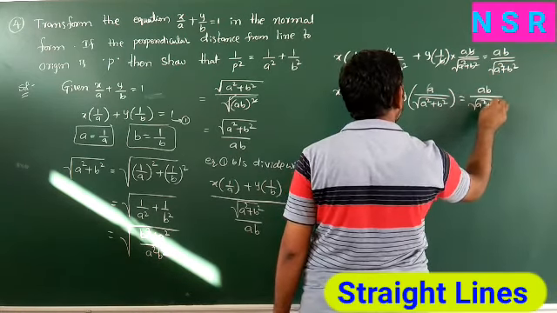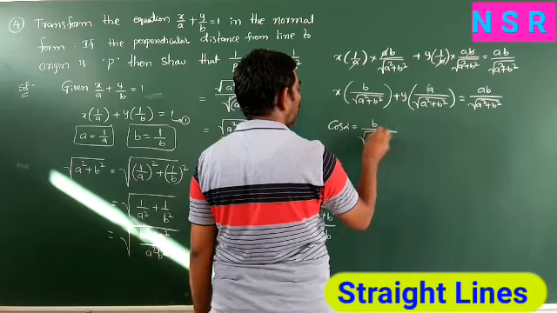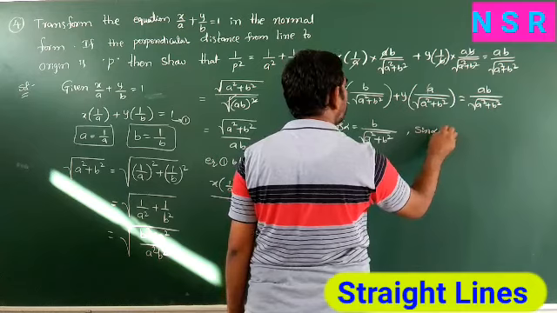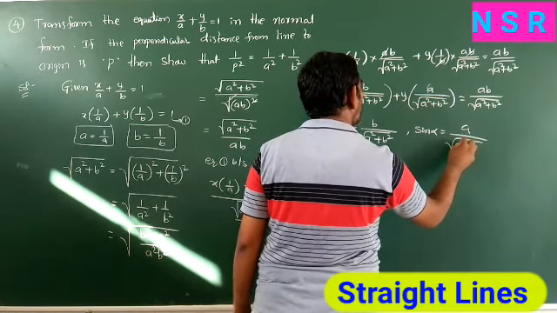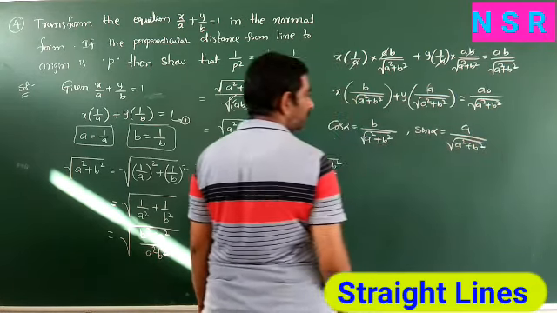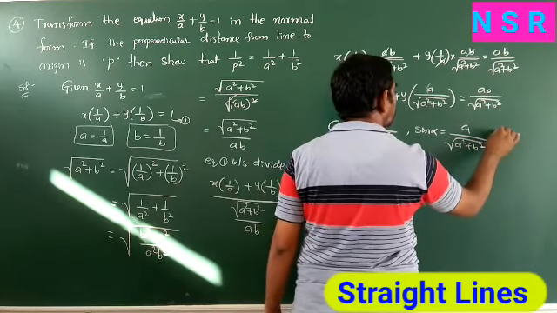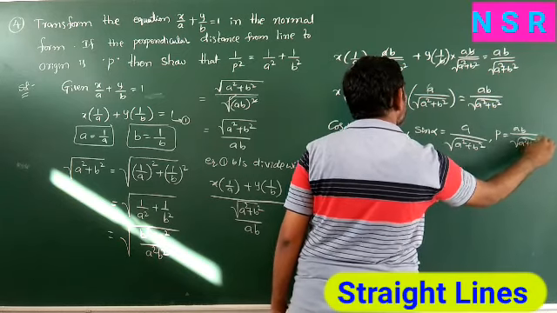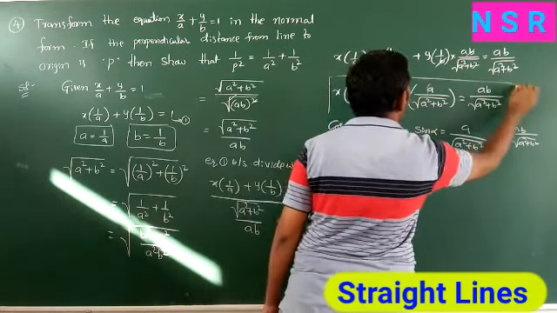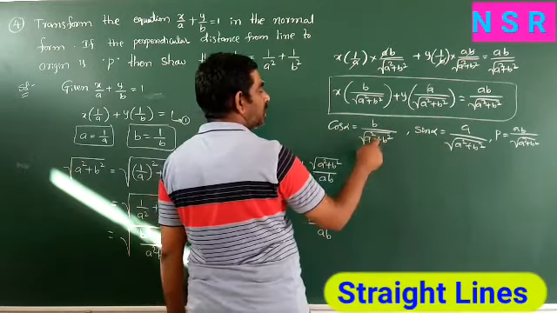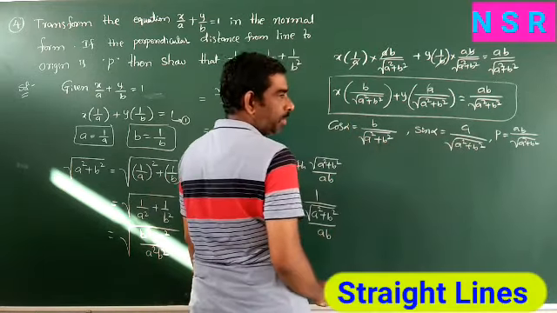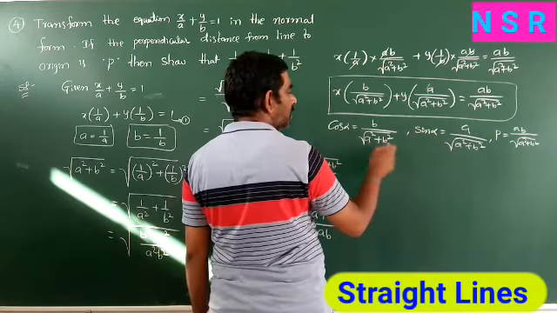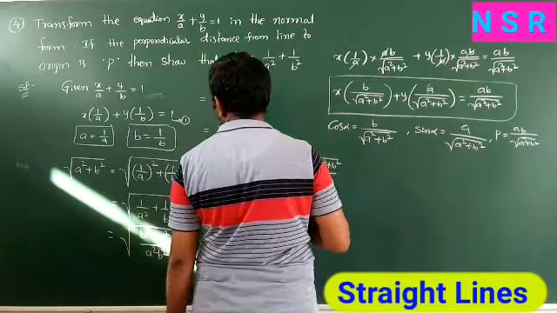Here cos alpha equals b by root a square plus b square, sin alpha equals a by root a square plus b square, and this is p. So p equals ab by square root of a square plus b square. Now it is in normal form. This is adjacent side by hypotenuse and opposite by hypotenuse, so this is the cos alpha and sin alpha value.